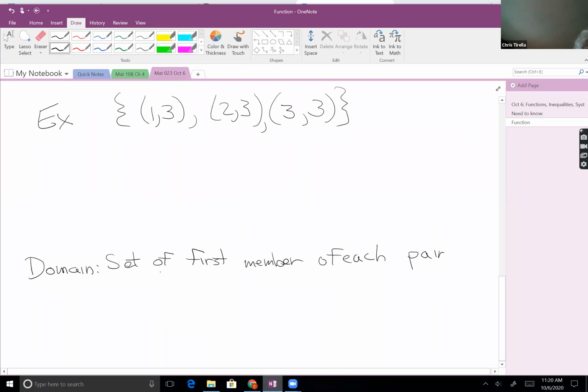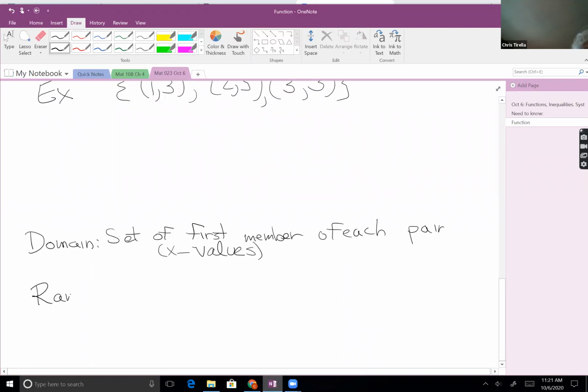Some people like to think of the domain as being like the x values. And the range is the set of the second members.